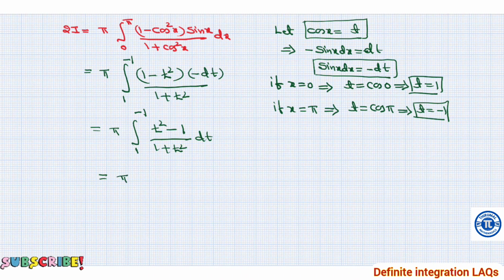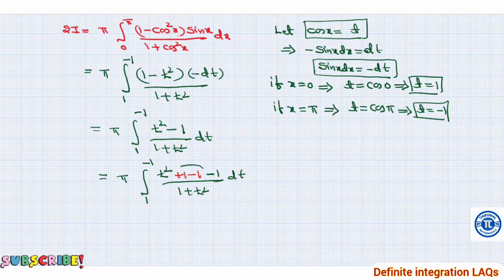Now integrate: pi into integration 1 to minus 1, the denominator term is 1 plus t square, and in the numerator we write t square plus 1 minus 1, with the remaining minus 1, dt.